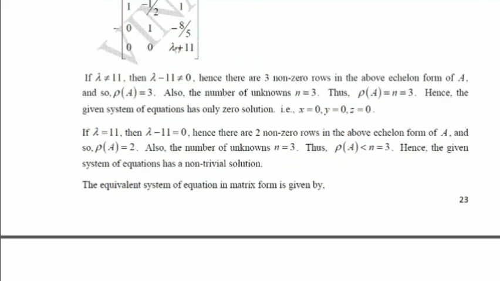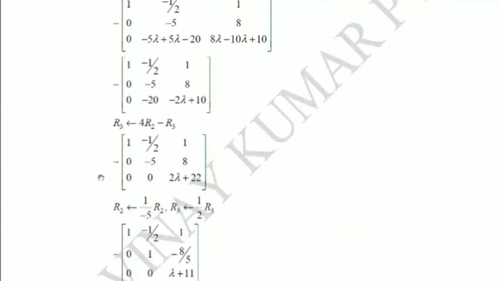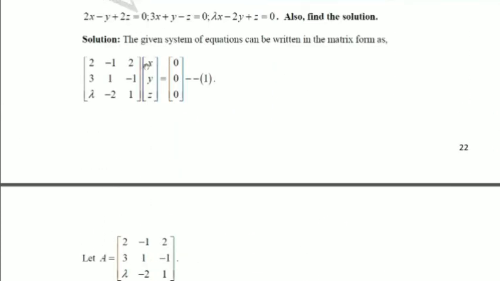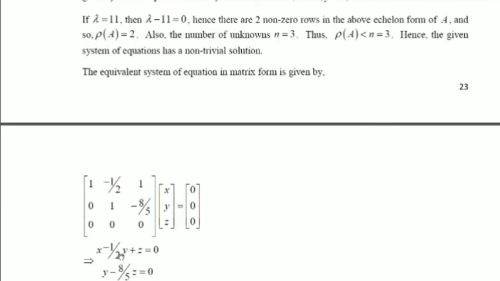Now, what is the equivalent system? Because you had taken this one as minus 11, minus 11 plus 11 is 0. So you are left with this. Multiply that with the unknown matrix and the constants. So you will get an equivalent system like this. Multiply the row with the column.